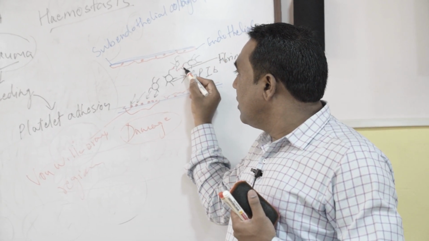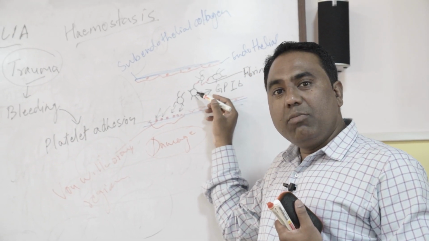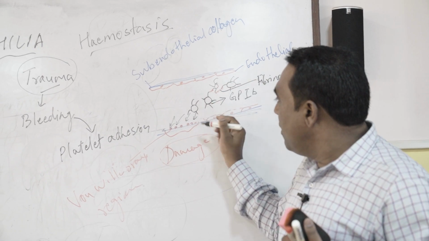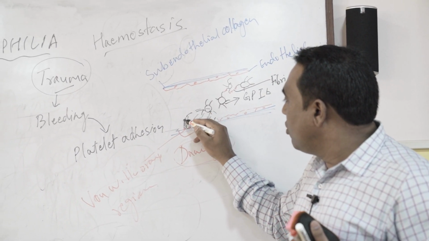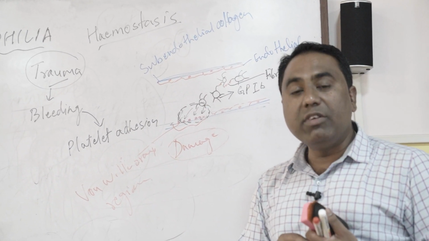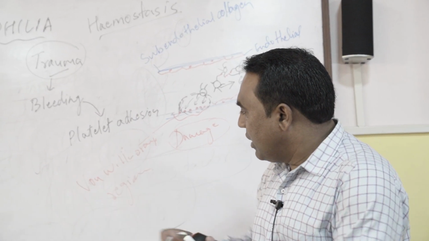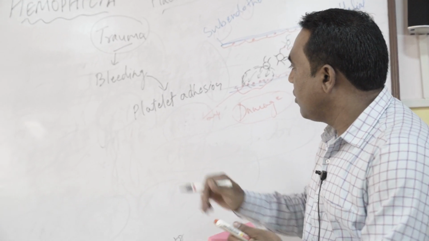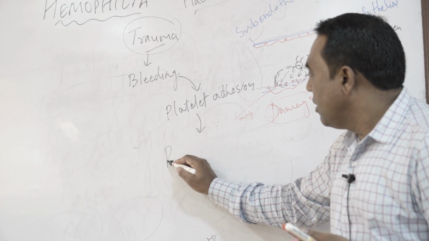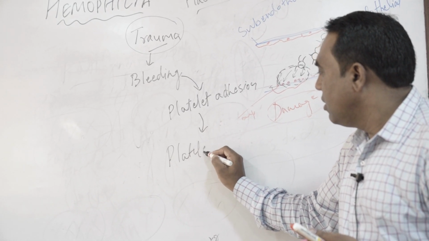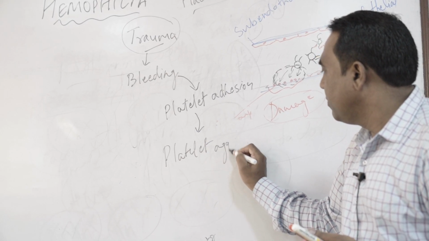Now this fibrinogen will link all these platelet molecules together and will make these platelets gather here more and more, which is known as platelet aggregation. All right, so next one after platelet adhesion is platelet aggregation.